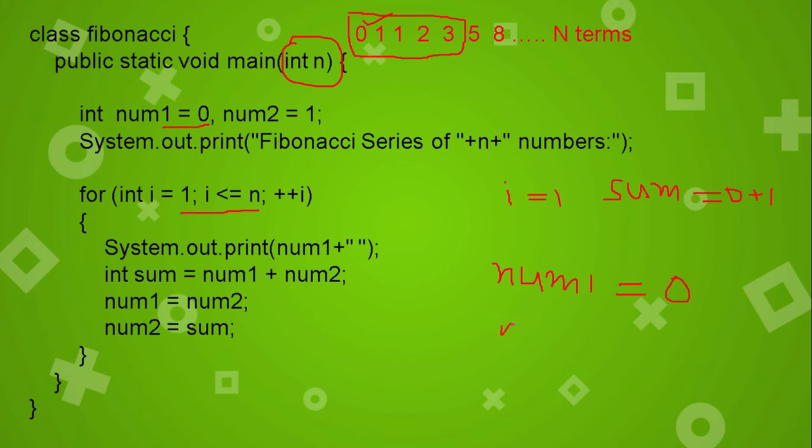Num2 is 1. So the 0 will be cut and 1 will be stored over there. And num2 is equal to sum. What is the value of sum? Sum is 1. That will be kept.